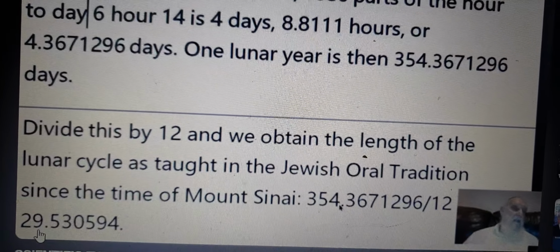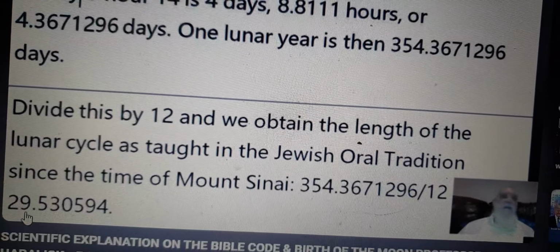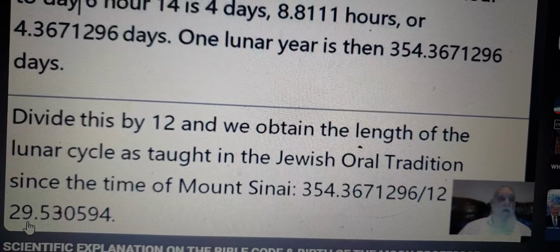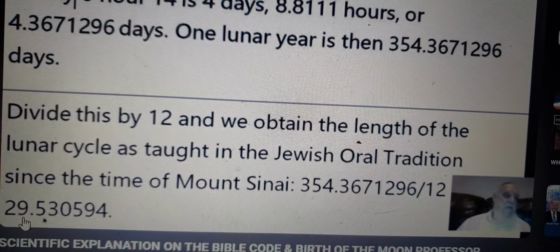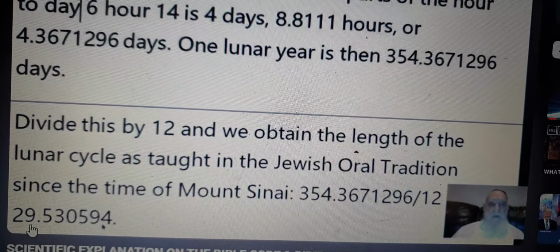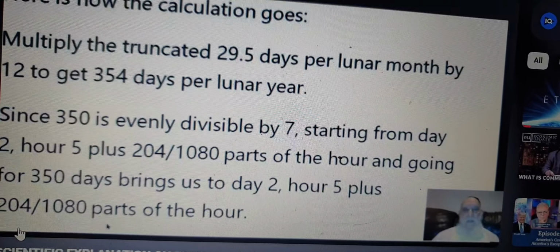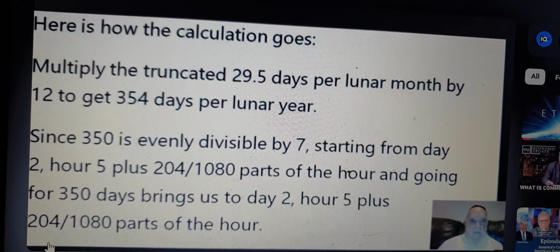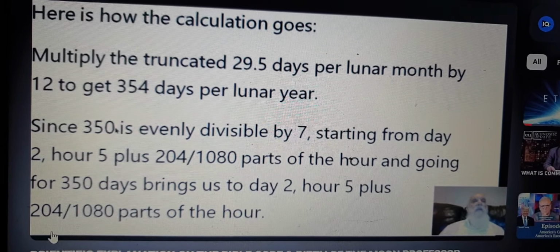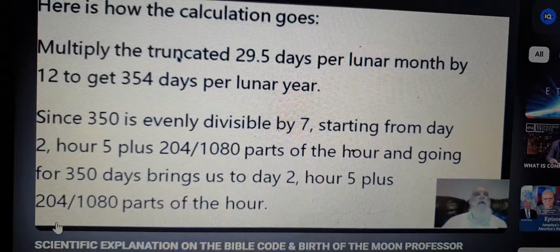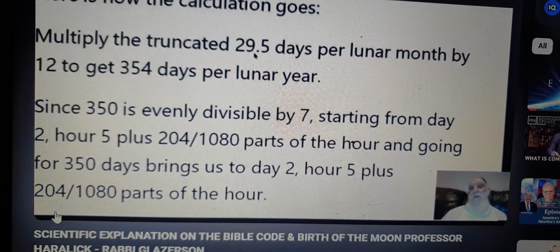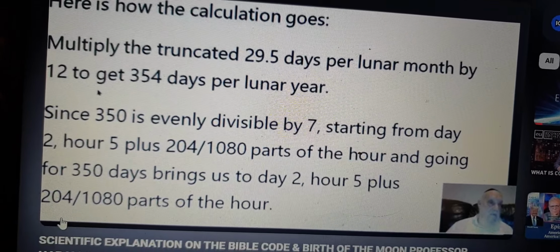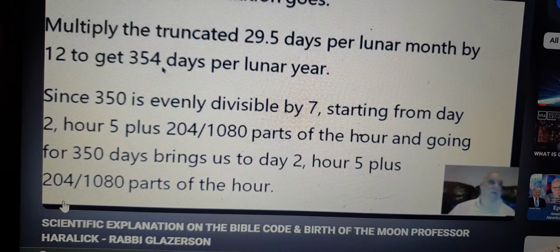It means that the exact length of the month of the moon is 29 days, 0.530594. So then, we see more. So here is how the calculation goes. Multiply the truncated 29.5 days per lunar month by 12 to get 354 days per lunar year.